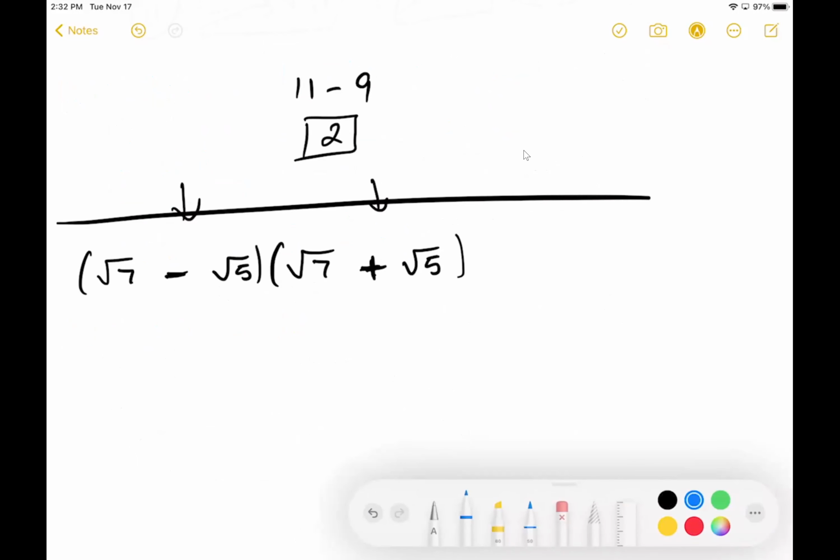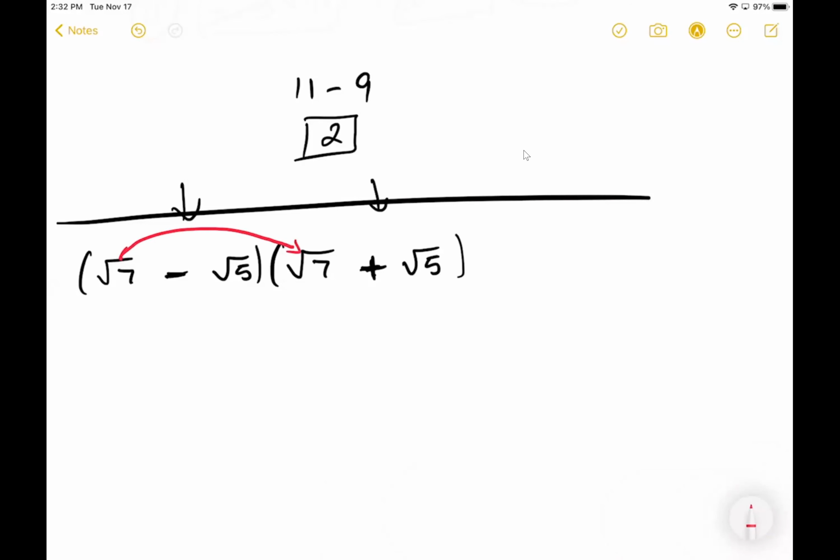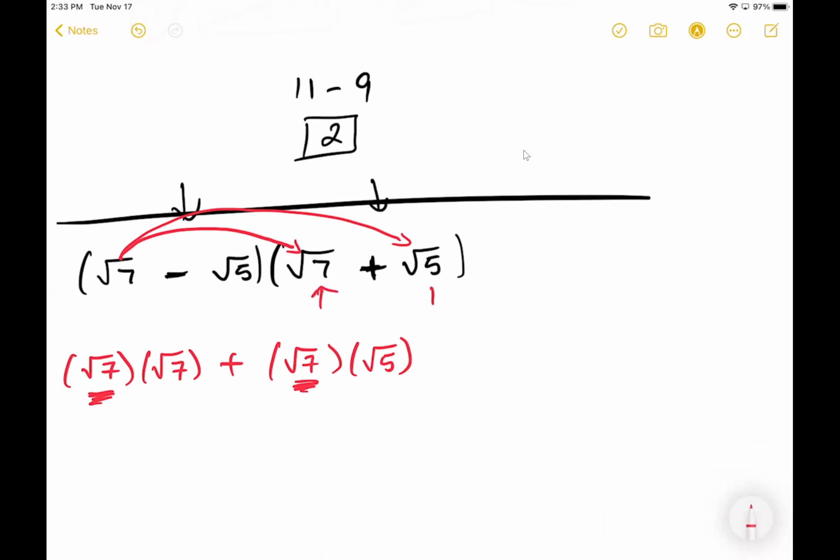If you take a look at this thing here, do you agree that the first thing we need to do is take a square root of 7 and distribute it to that item, in red? So we take a square root of 7 times square root of 7, plus square root of 7 times square root of 5.